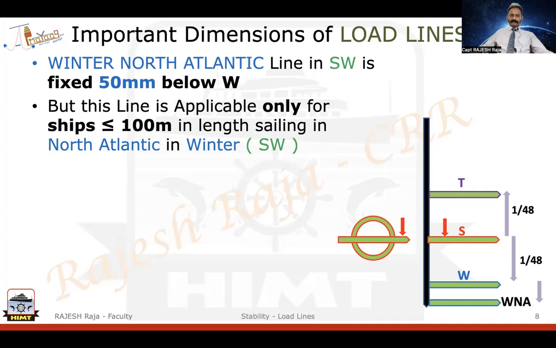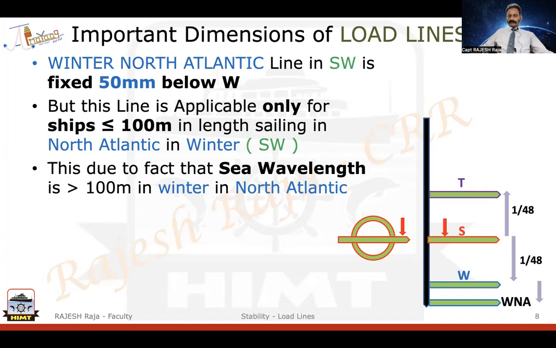Now, why this special load line for vessels less than 100 meters? I'm not going into a big detail. Let me just quickly phrase one line. Normally, the length of the waves which you notice in the waters of the sea in North Atlantic in winter usually goes beyond 100 meters.